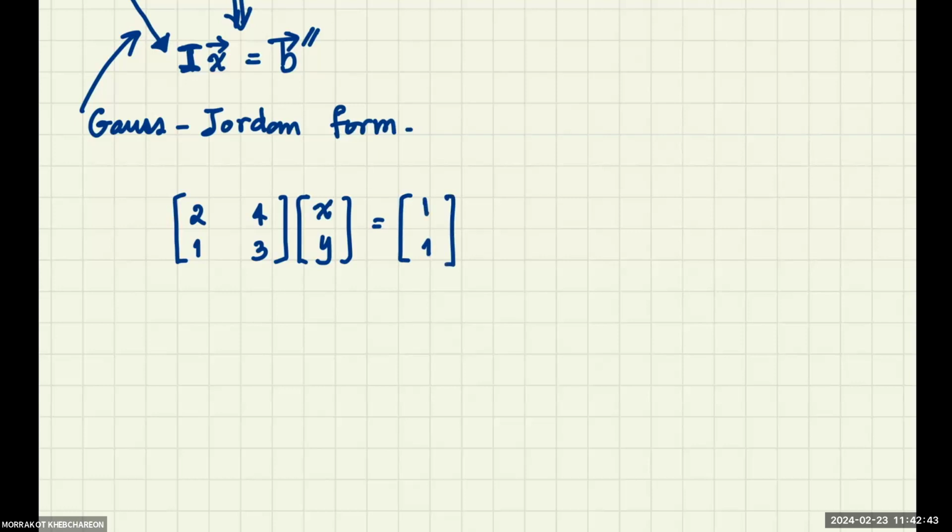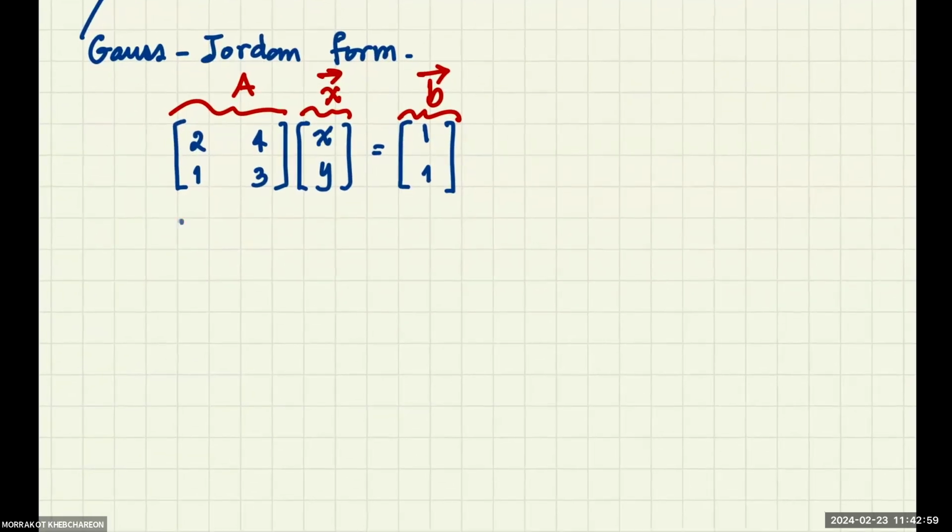For example, this one, the coefficient matrix, is A, this vector is X, and this right hand side is B. Okay. So now I will write that in terms of the augmented matrix again. 2, 1, 4, 3, and 1, 1.